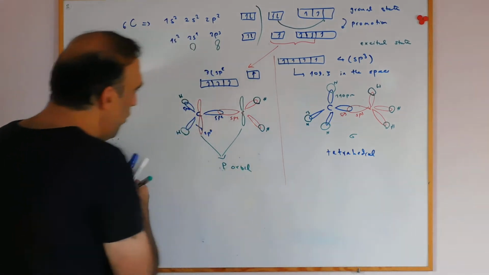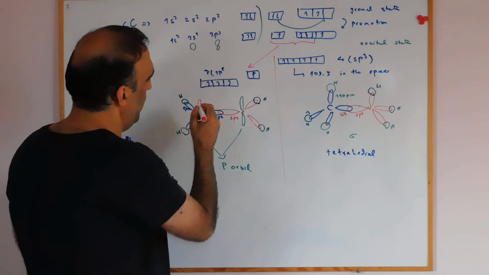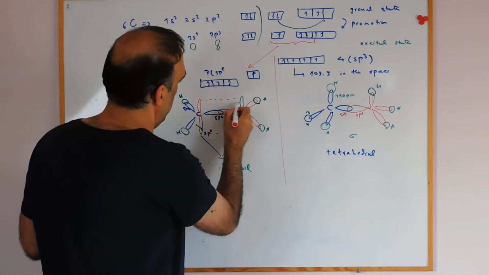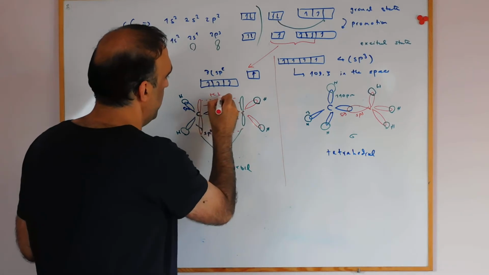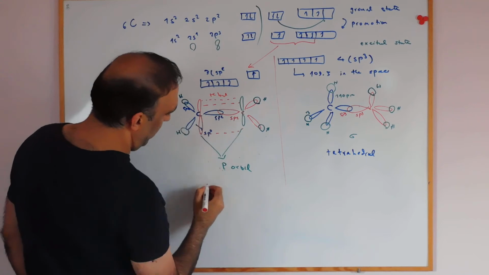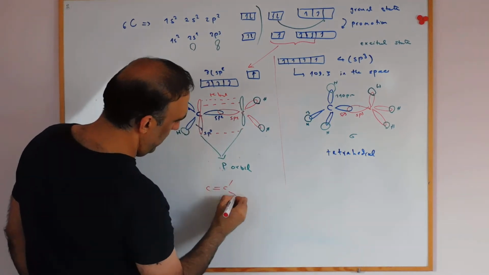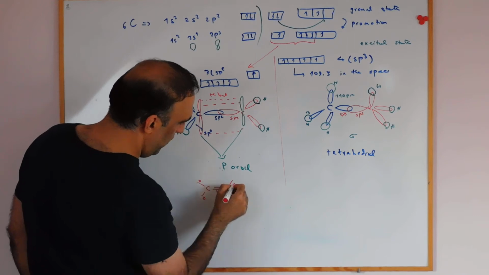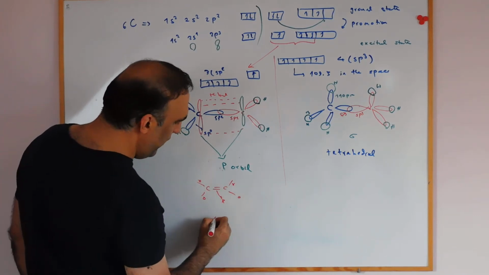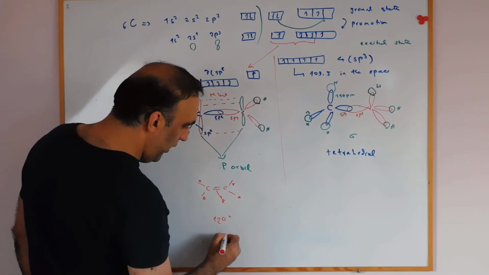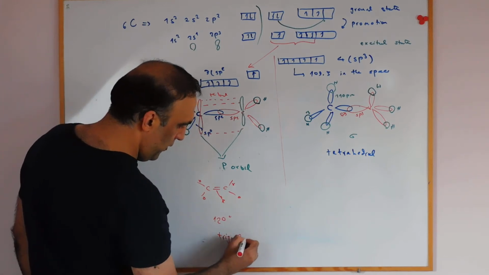If these p orbitals overlap each other, they make a pi bond. The main structure will be like this, a double bond: one pi, and sigma, sigma, sigma, sigma. The angle is 120 degrees. The shape is trigonal planar.